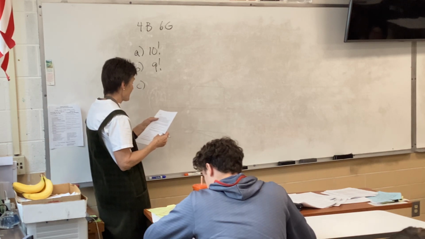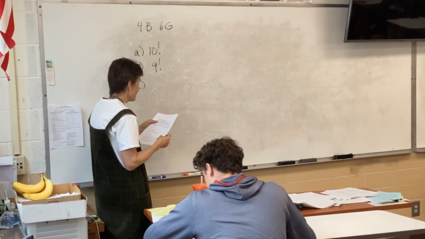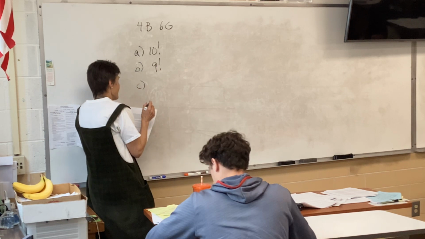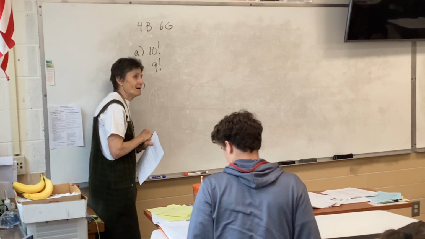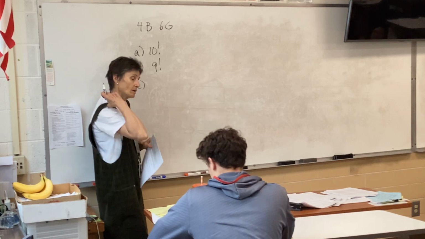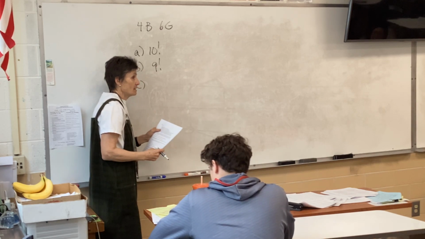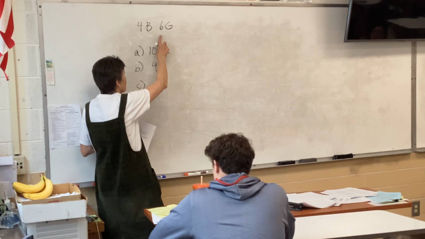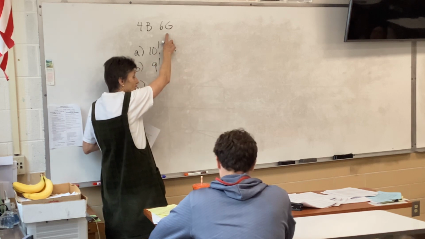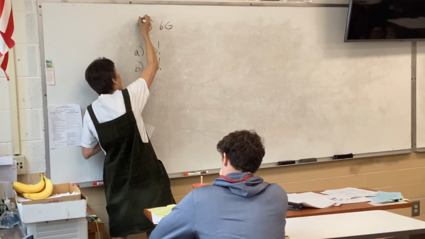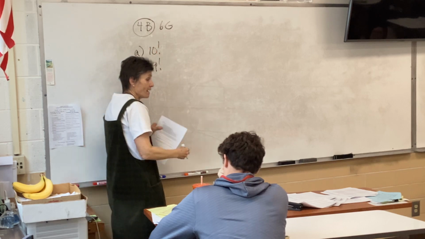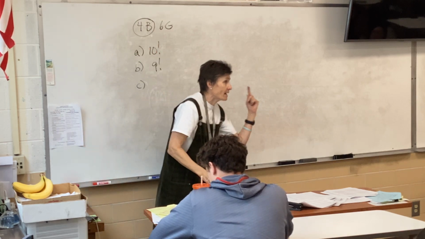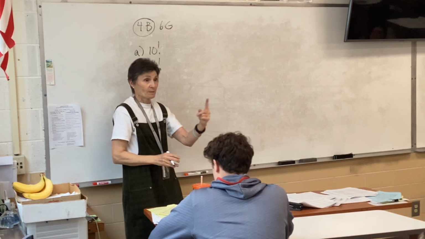Next problem: in how many ways can they be arranged in a row if all the boys must sit together? Think about that for a minute. I don't care where these guys sit, but these guys all have to sit together. So I am tying a rubber band around these boys.